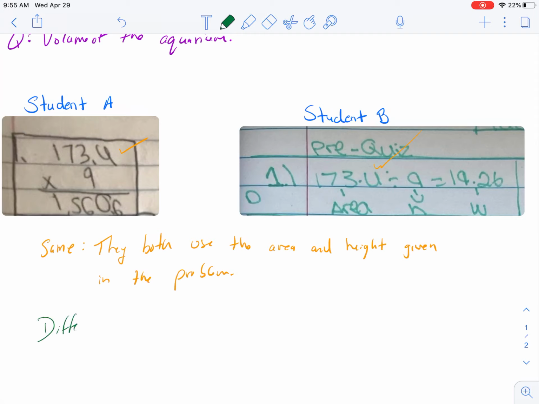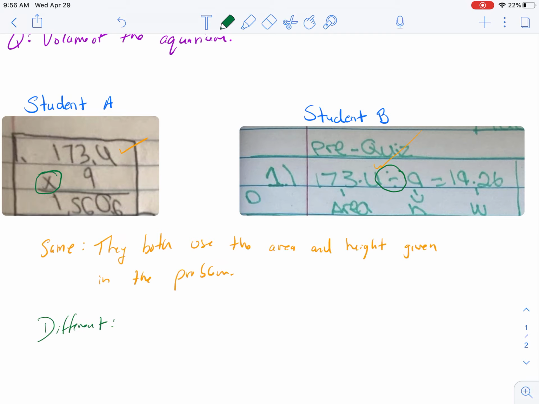I'm giving them 5 seconds because we already got some time to look at it. All right. So what's different? When I look at A, I'm noticing the operation. Student A is multiplying the height and the area of the base. For student B, I'm noticing that they're dividing.